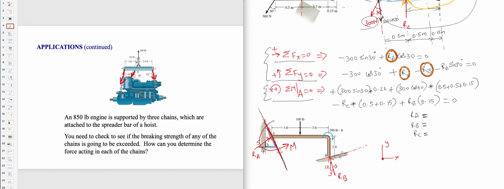And this is the force acting on the spreader bar to balance the weight of the engine. So we can calculate the 3 tensions in the chain. So tension A, tension B, tension C.